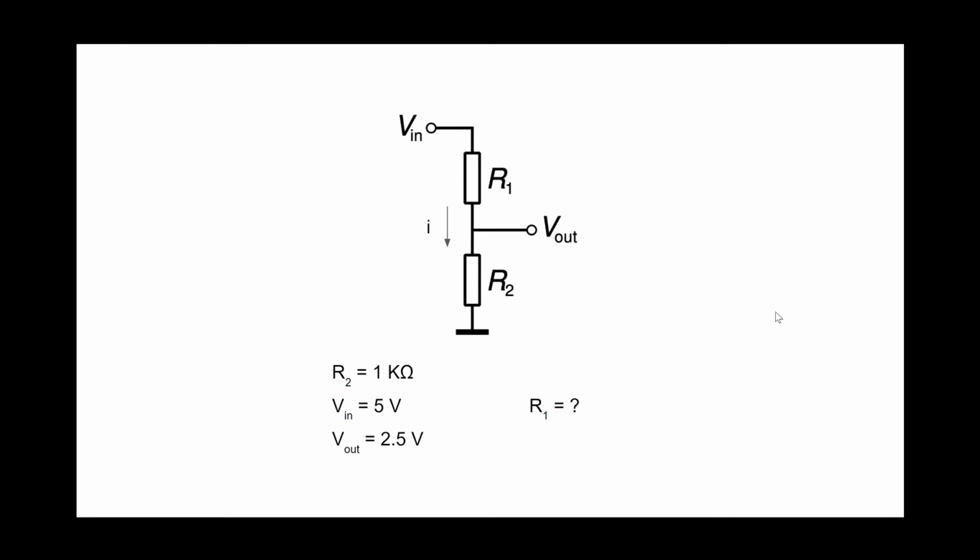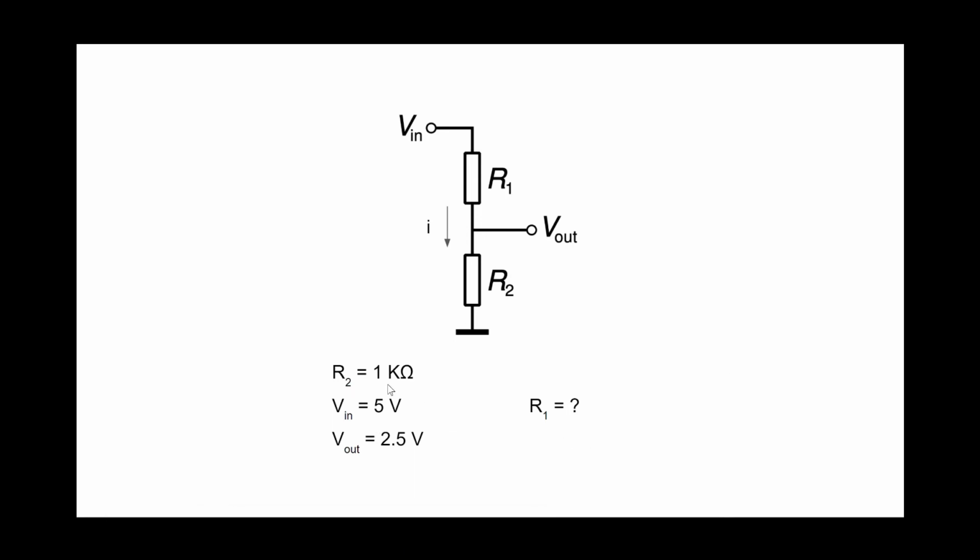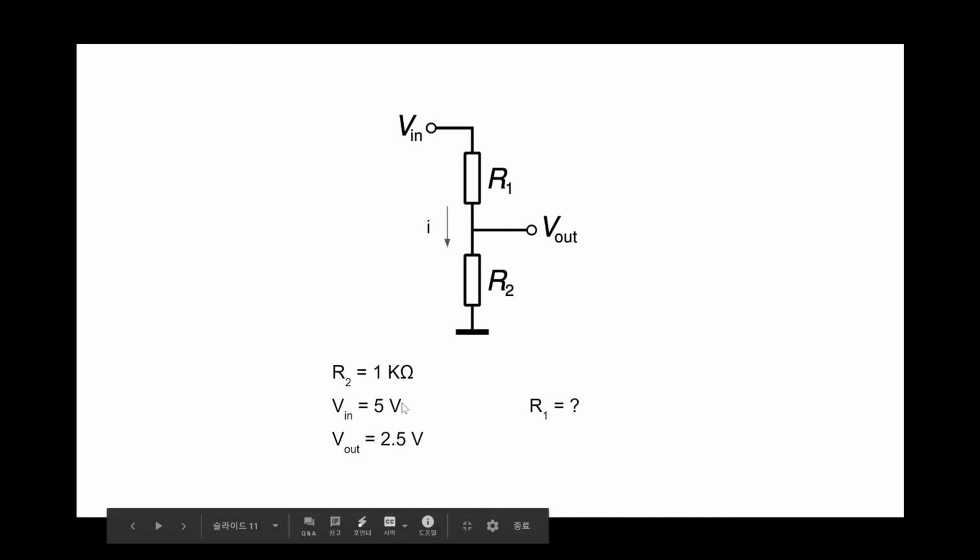Let me give you a specific example with specific values. Let's say R2 in this circuit, the resistance we know correctly, is 1 kilo ohm, the applied voltage Vin is 5 volts, and the voltage we measured, Vout, is 2.5 volts, like this. Then, how much is R1?